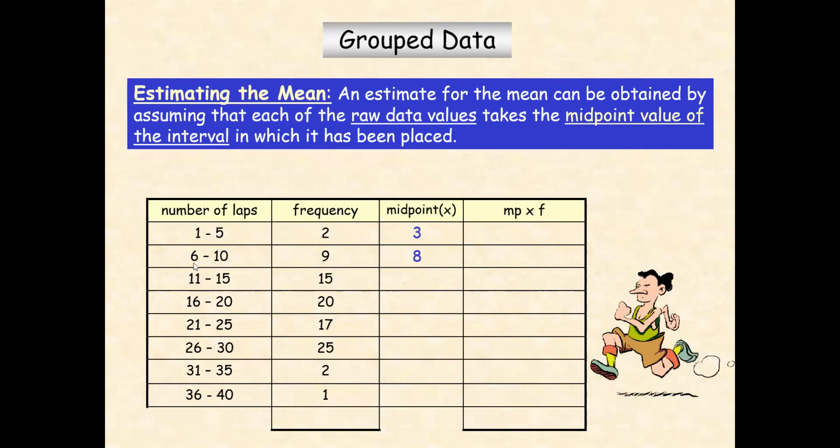I'm going down first. Midpoint of 6 to 10 is 8. 10 plus 6 is 16, divided by 2 is 8. 15 plus 11. So I'm going to give you some time, quickly finish off your midpoints.